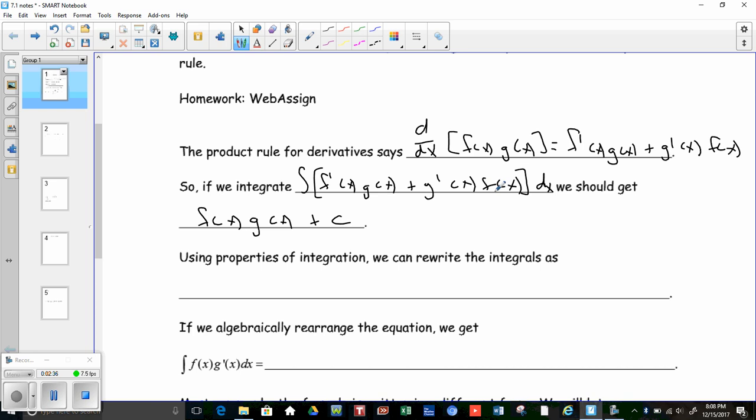Okay, so in order to show what I want to show, we can use properties of integrals here. We're going to rewrite this integral right here. One of the properties says if I'm adding, I can separate the integrals into two different integrals.